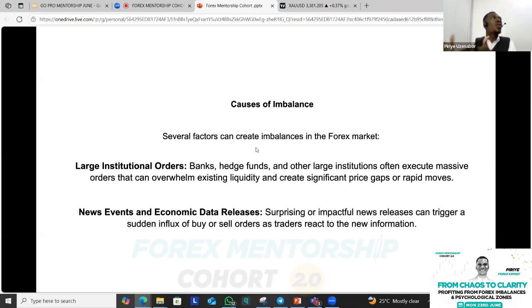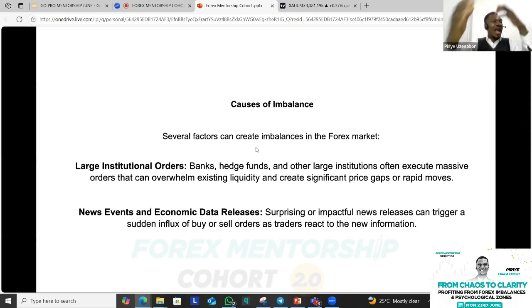Or Fed Chair Powell gives a speech, or Donald Trump wants to give a speech. And by the time he is done, EUR/USD that was going down, that you could see was going down to hit a psychological level or to clear liquidity, suddenly, after that news event, after that economic data release, what happens? EUR/USD just changes direction and starts going up.